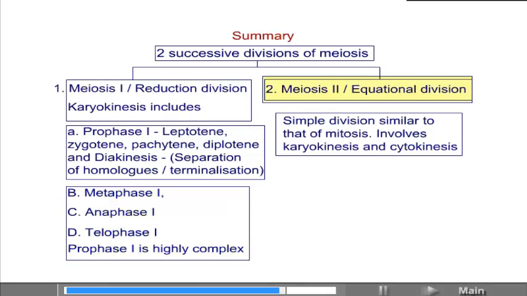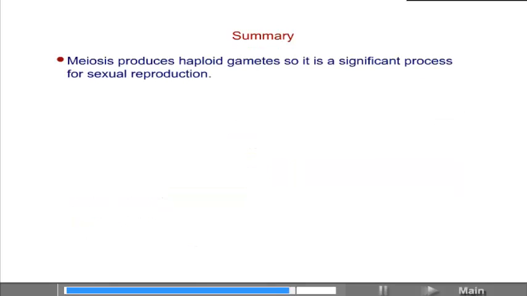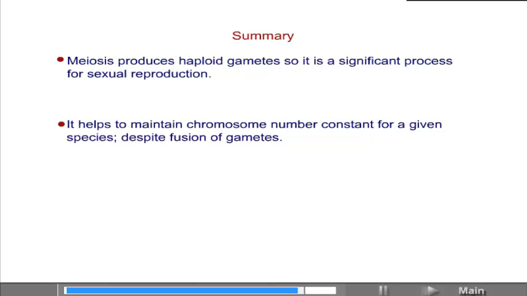Under meiosis II, it is a simple division, similar to that of mitosis, involving karyokinesis and cytokinesis. Meiosis produces haploid gametes, so it is a significant process for sexual reproduction. It helps to maintain the chromosome number constant for a given species, despite fusion of gametes.